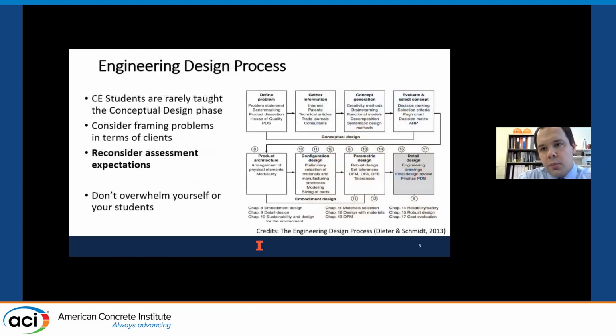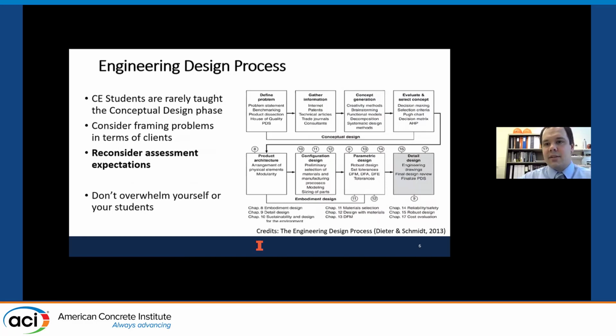So then the other thing we need to focus on as you start to think through this development of a project is just the engineering design process. Civil engineers as a whole generally don't focus on the first stages of design.